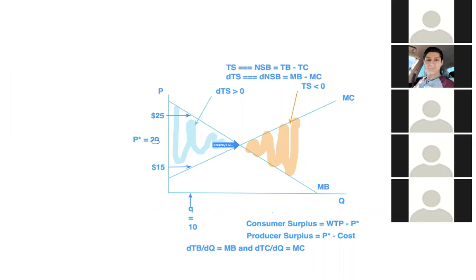Well, let's think about it, right? The gains from trade are between the consumer and the producer. And here, what's the buyer's value? What's their willingness to pay for the buyer of the Q star unit?